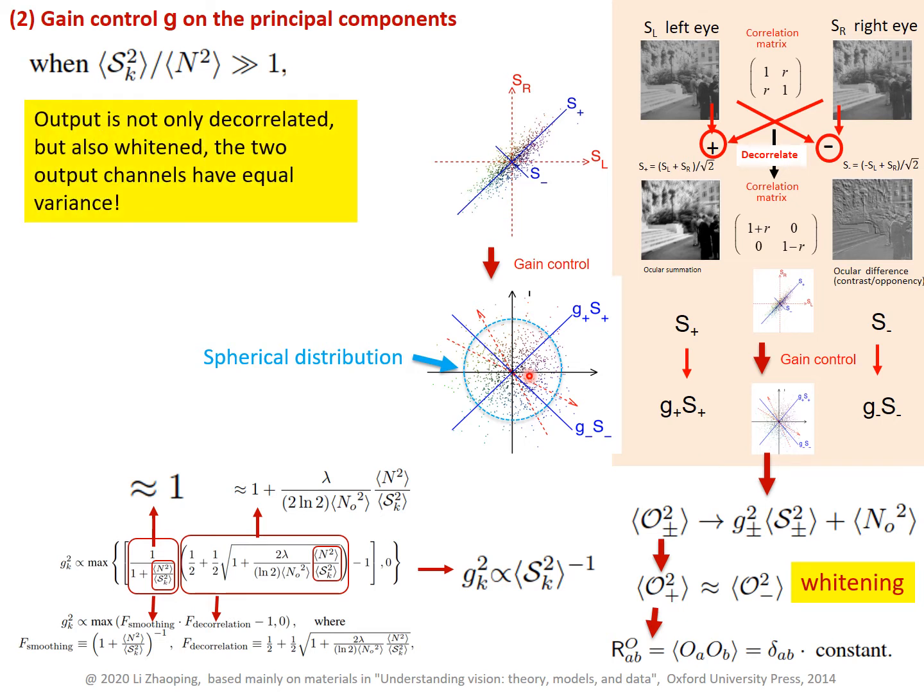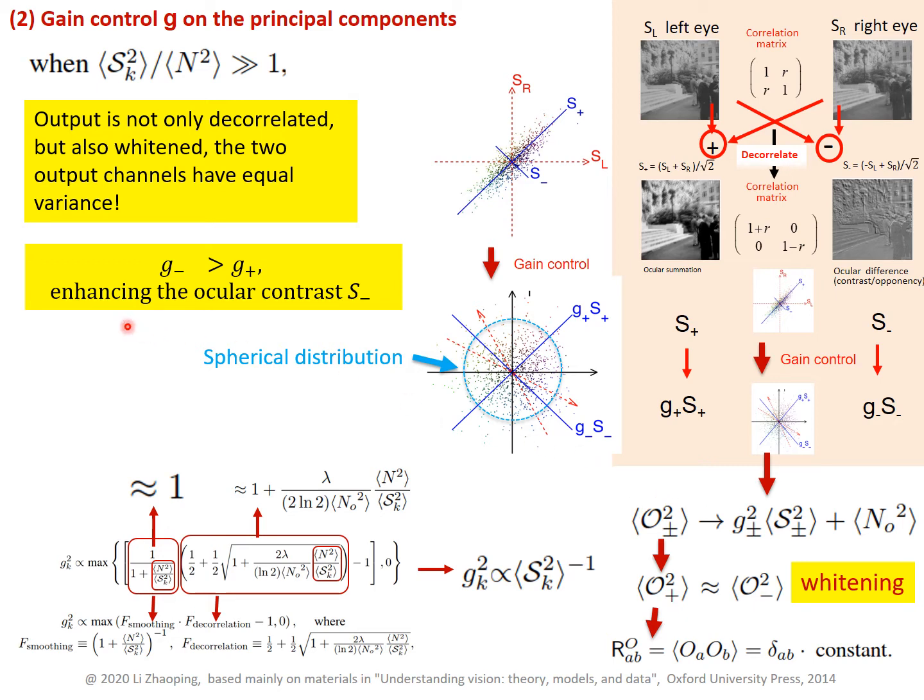So in the high signal to noise region, the outputs are not only decorrelated, they are also whitened. The two output channels have equal variance. And this is achieved by having a higher gain for the weaker input channel. When it was originally weaker, we amplify it more.